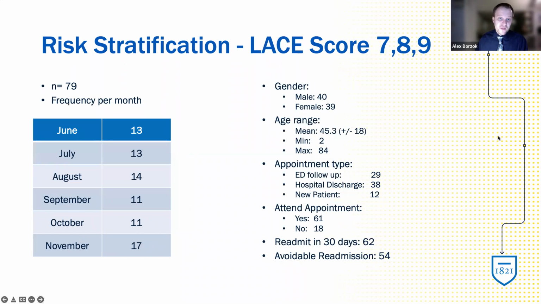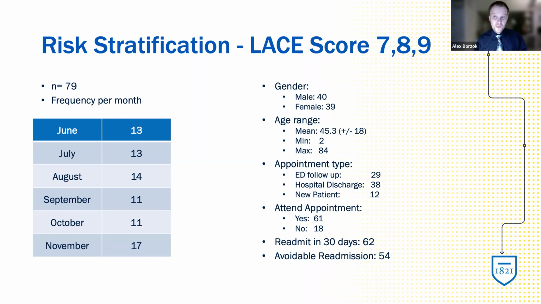The other part of this stratification was that we looked at the next level. The LACE score of 11 had the highest number of patients in one scoring that were readmitted within 30 days. The next three scores, LACE scores of 7, 8, and 9, accounted for almost a third of the readmissions that took place.